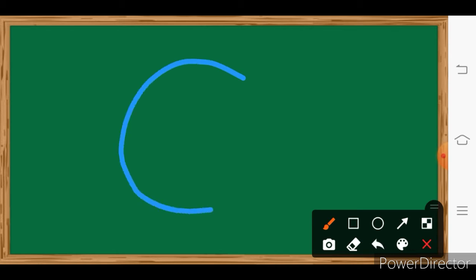In the circle, O is the origin or fixed point.